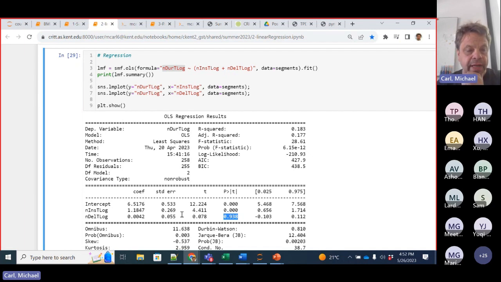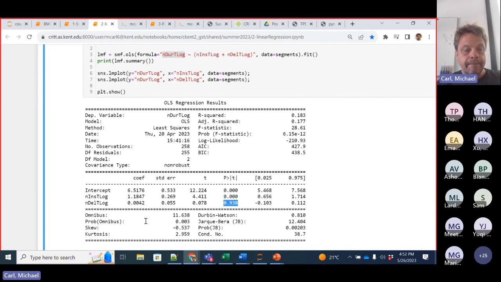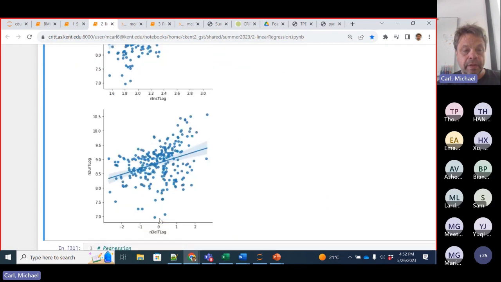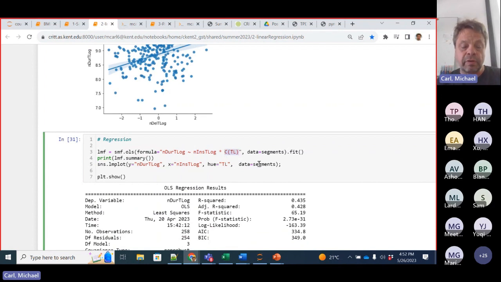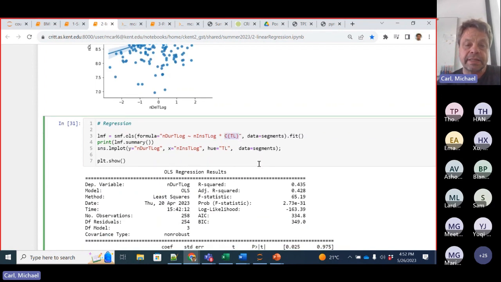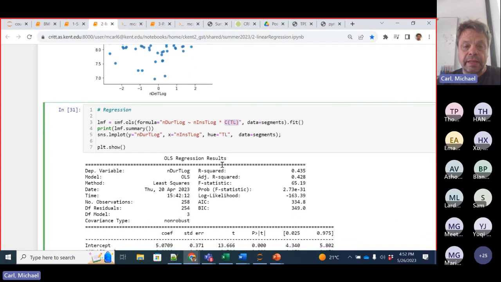So we can take this out, and then we can have this categorical variable. As you remember, we have two languages in this data set, and with this construct we can see the interaction effects between the two languages. This TL is the target language, and the C tells the script that this is a categorical variable.